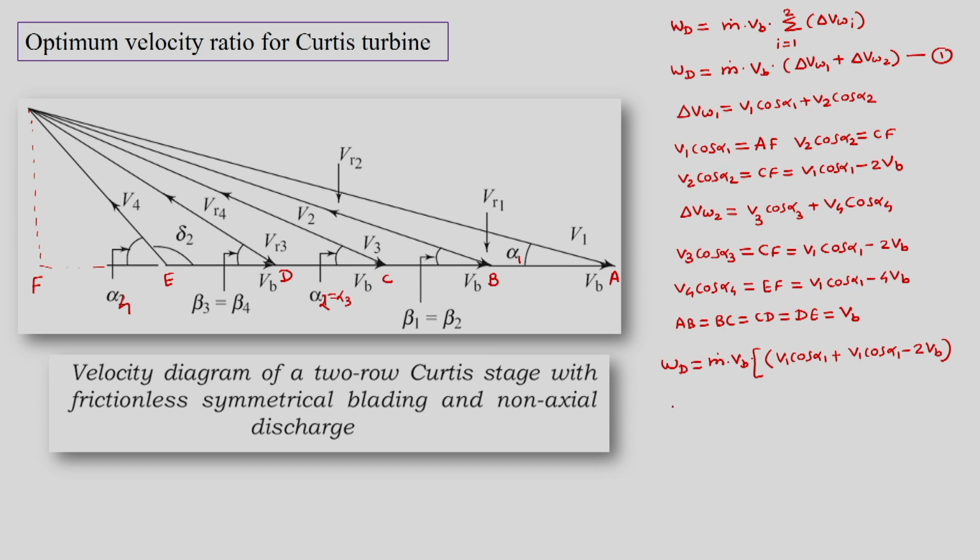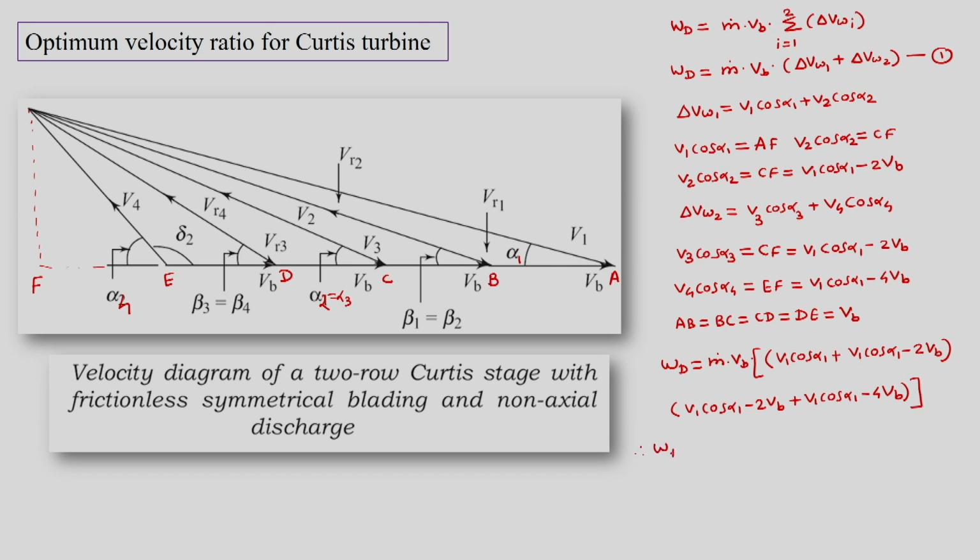This is for the first stage, and for the second stage we have V1 cos alpha 1 minus twice Vb plus V1 cos alpha 1 minus 4Vb, bracket complete.